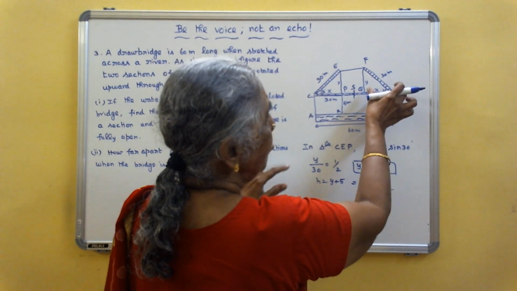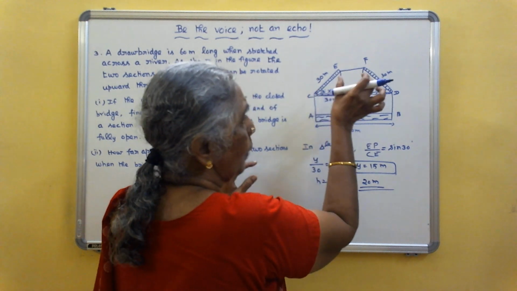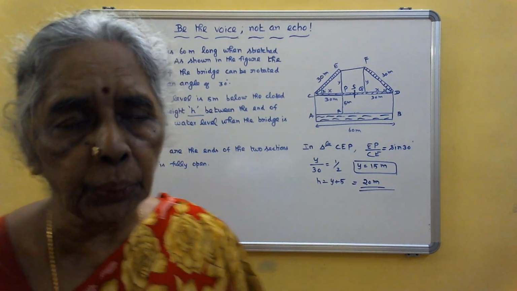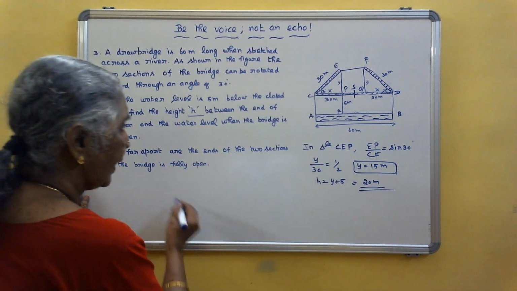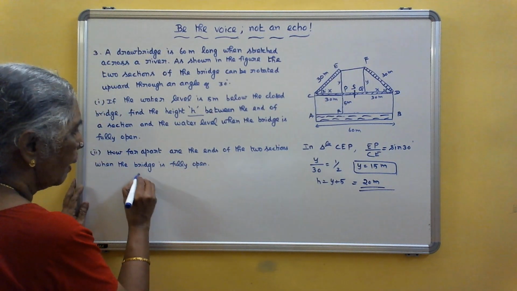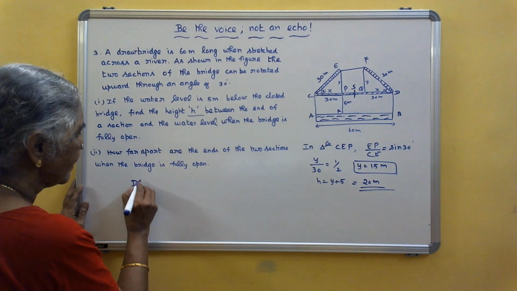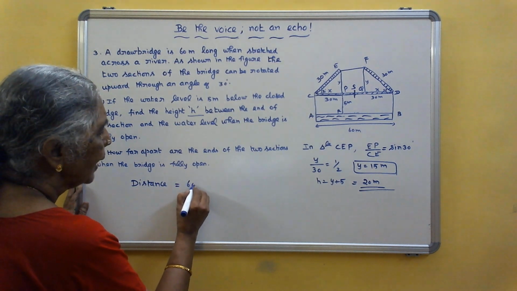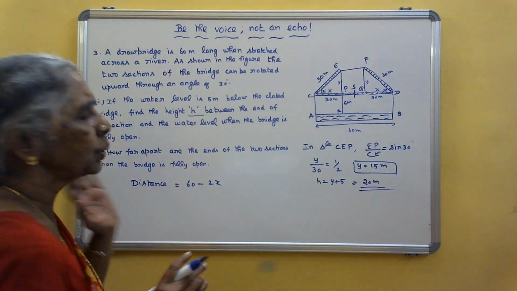From that, this is 1x, that is 1x. If I subtract, I will get PQ. So for the second one, the bridge is fully open. The distance between the ends will be 60 minus 2x.